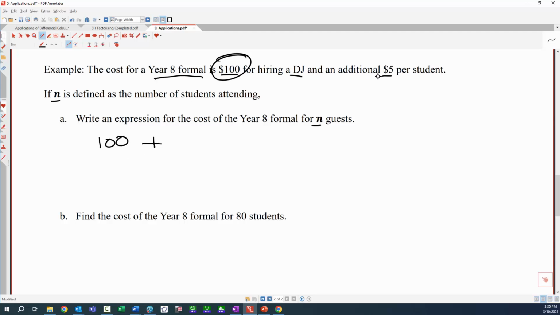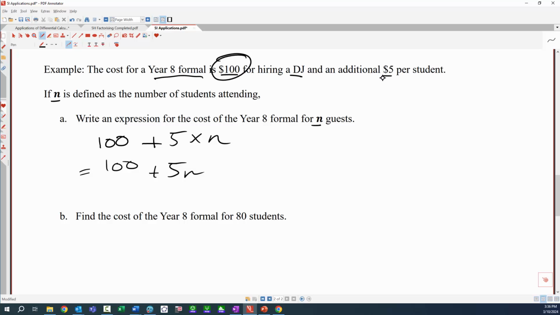Now the variable cost is going to be the $5 per student, because I don't know how many people are coming. So that's going to be 5 times the number of students. Okay, and that's going to be the cost incurred for each student. All right, so we've got $100 plus 5 lots of N, which could also be better written as 100 plus 5N.